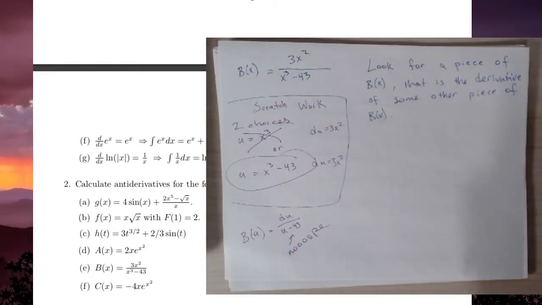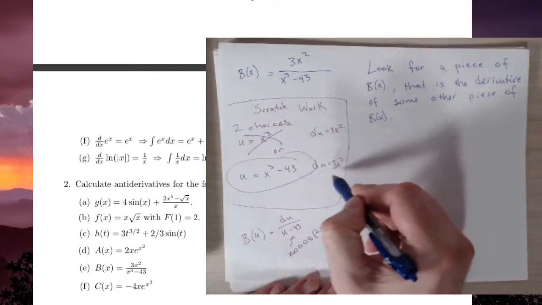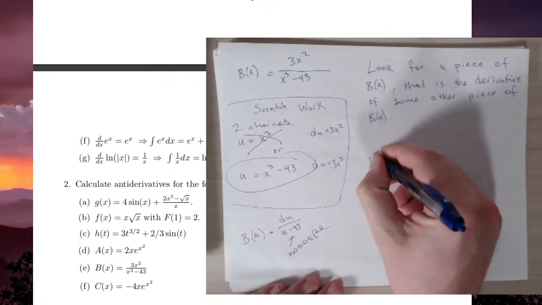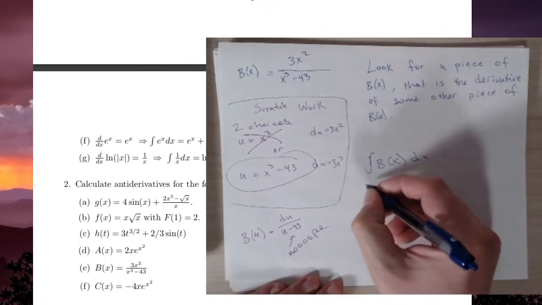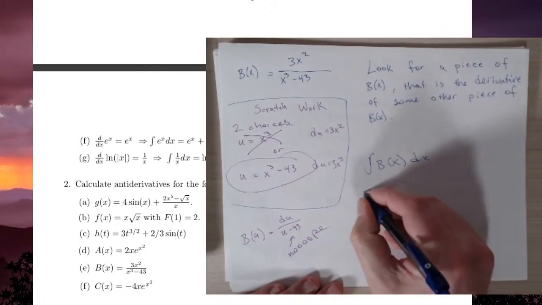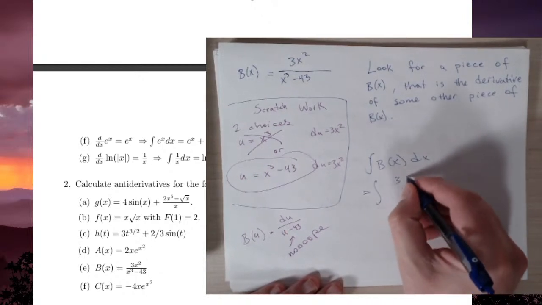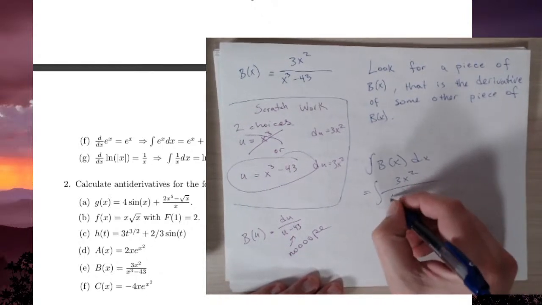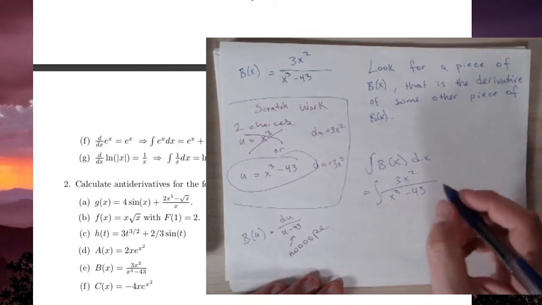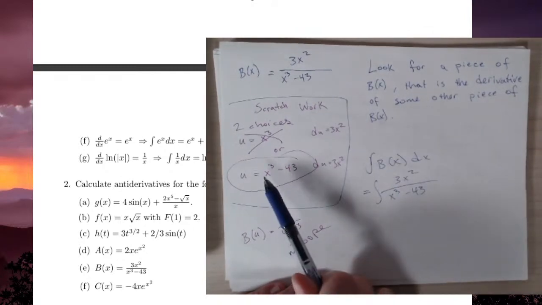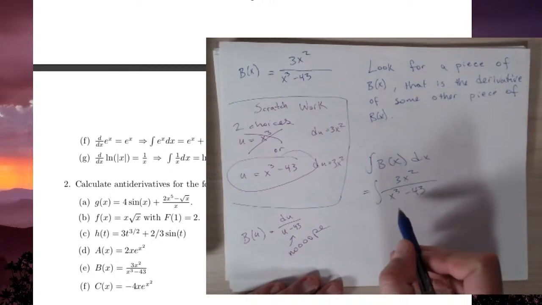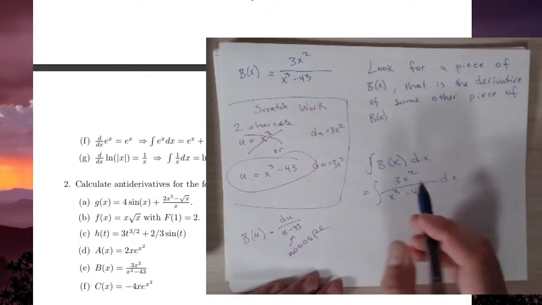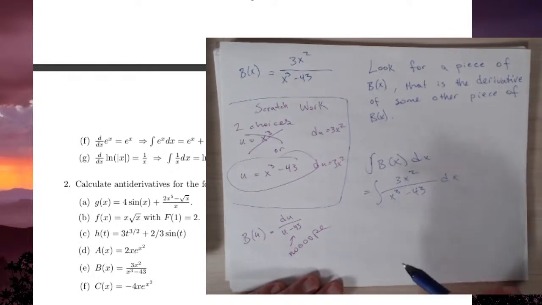So now we can just do our substitution. This is the substitution we're going to do. The antiderivative of b of x dx is the same as the antiderivative of 3x squared over x cubed minus 43. Then we substitute: the top is going to be du, and the bottom is just going to be u.